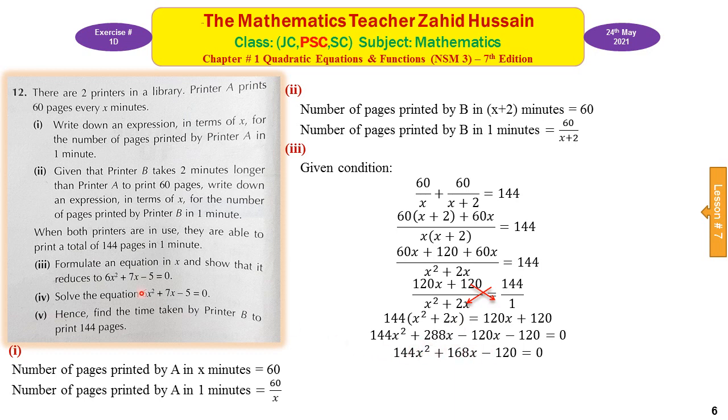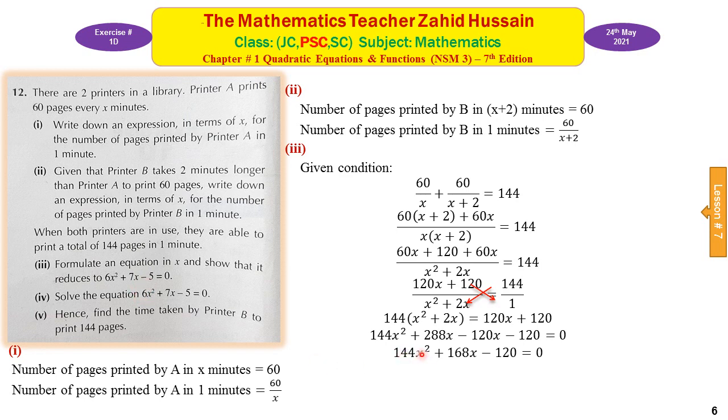But we are asked to show that this equation reduces to this 6x square plus 7x minus 5. But here the coefficient of x square is 144. Divide this 144 by the coefficient of x square in the given equation. We will get 24.